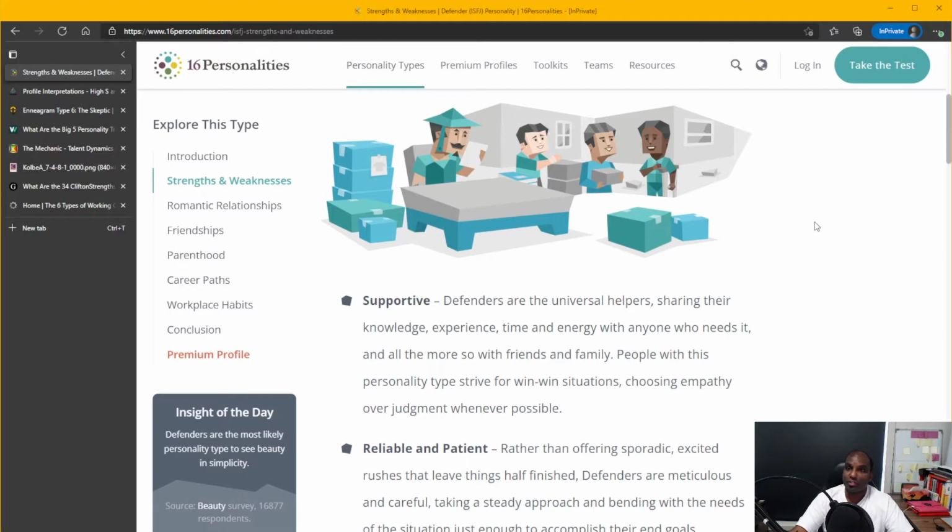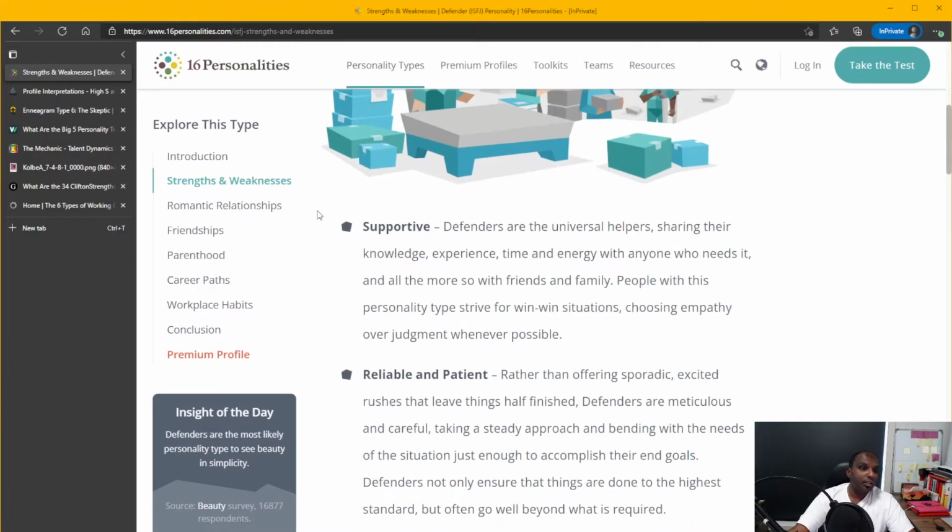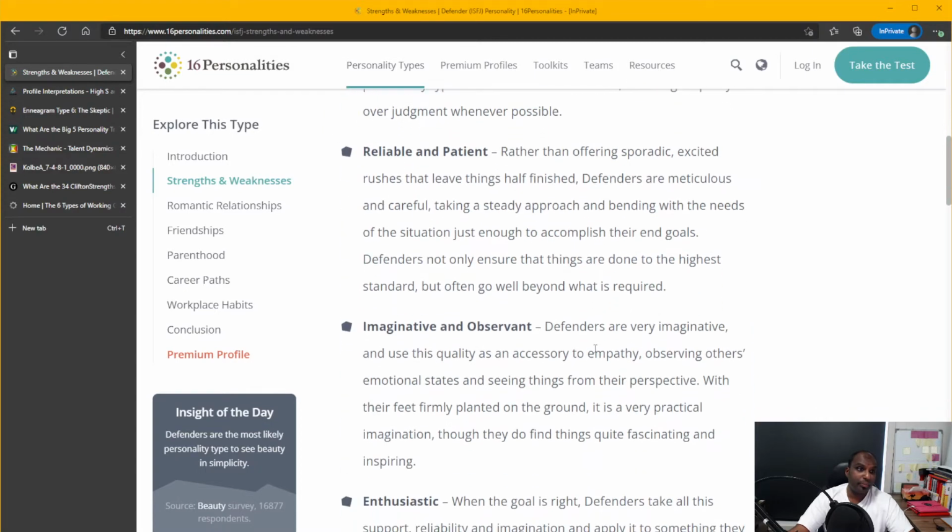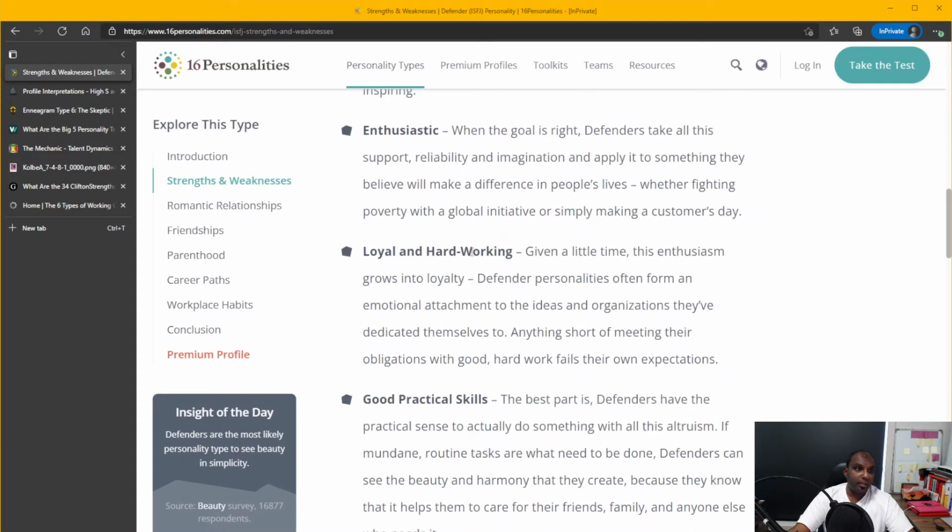So it's a different style of leadership again. So understanding the fact that you're supportive, reliable and patient means you know that you are pretty good in pressure situations. You can be the front facing person. You're fairly imaginative and observant, so you observe things and solve problems based on the observations and using your imagination.